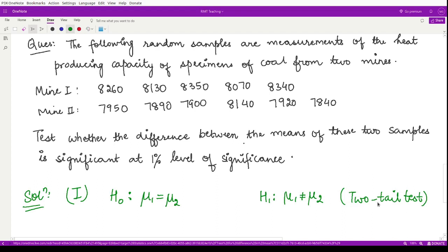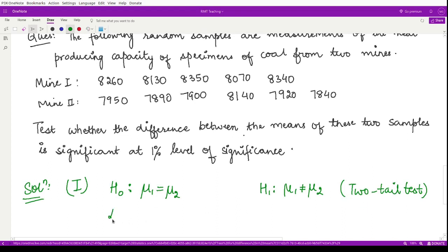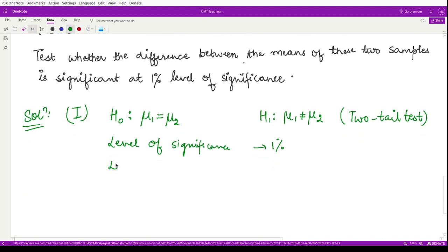right? After setting this, we wanted to test this for level of significance. How much? 1%. And in this case, what would be your degrees of freedom? What is your N1 and what is your N2 that is required?